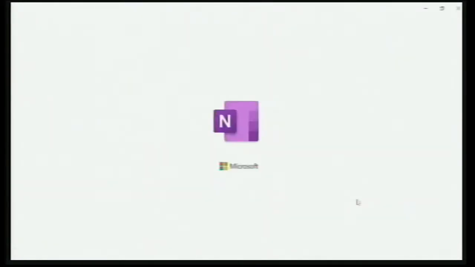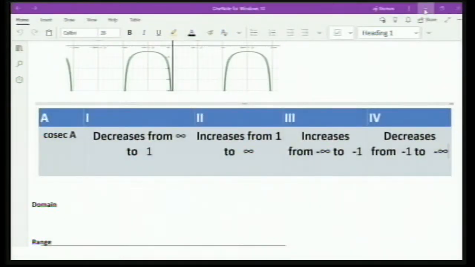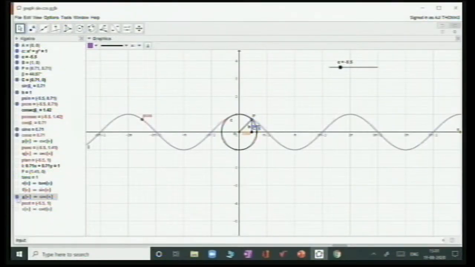Now, we are going to see the nature of cosec x. So to find the nature of cosec x, let us go to the software again and see what is cosec x.